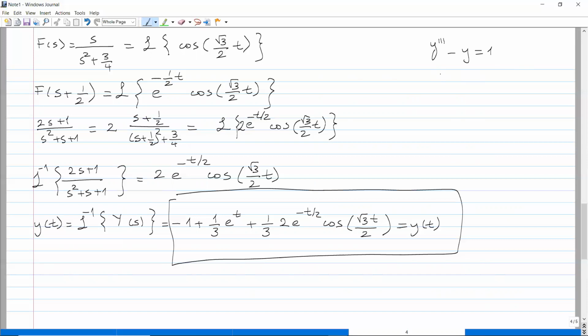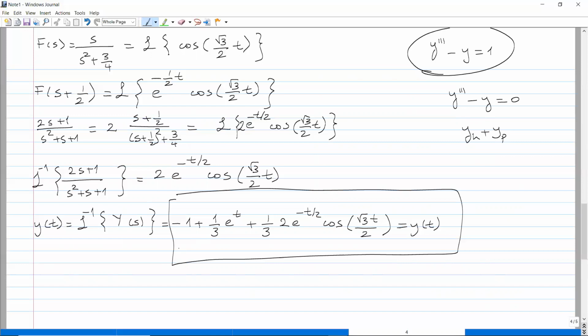Now, of course, we can find a general solution of this equation. This is a linear equation, so first we find solutions of the homogeneous equation, and then we find a particular solution.